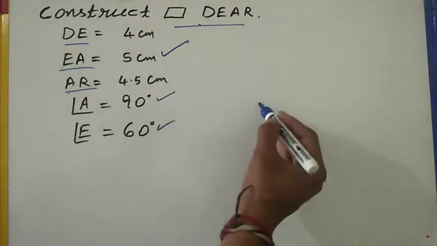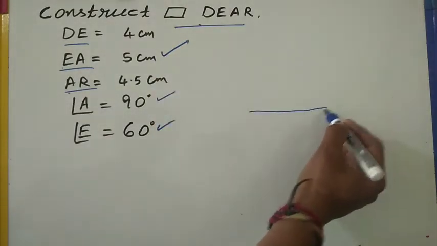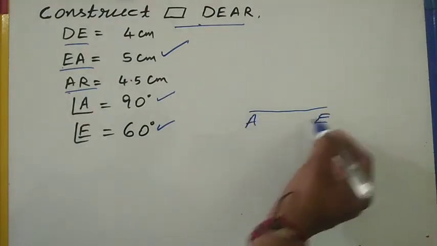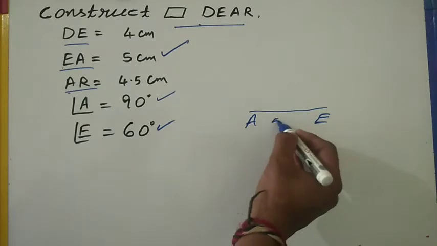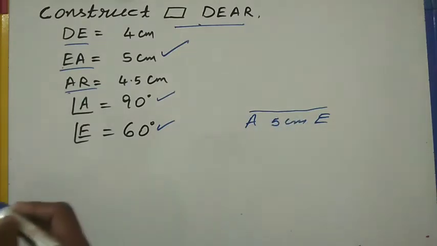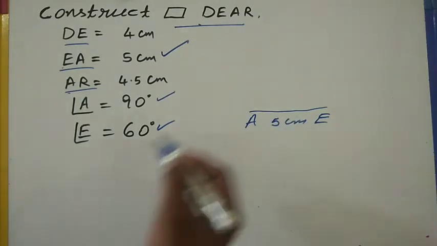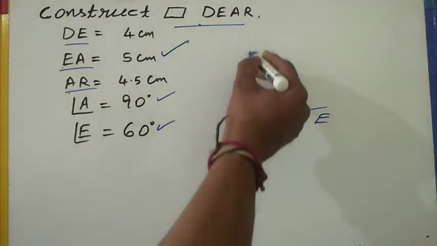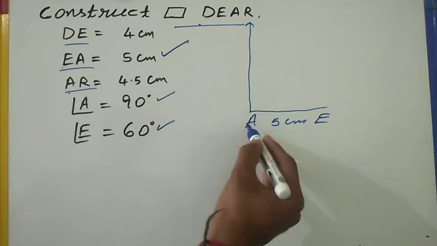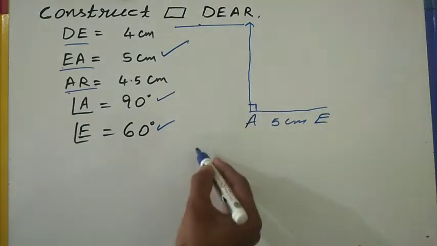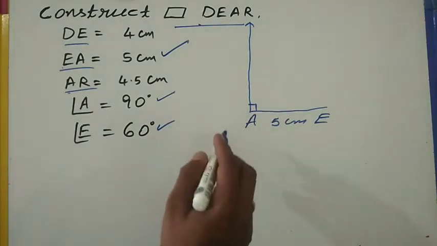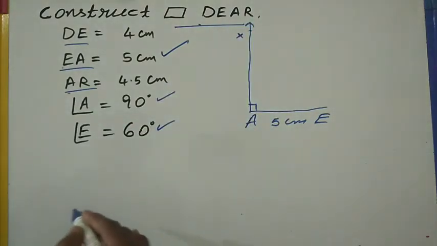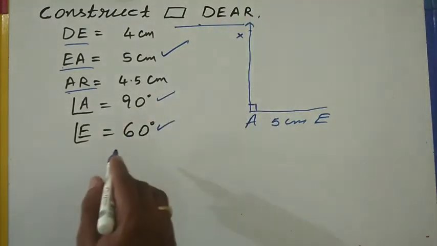So, I am considering first AE as the base. I will draw a line segment of 5 centimeter exactly. Using either pair of compasses, or a protractor, I will construct a ray AX making an angle 90 degrees.